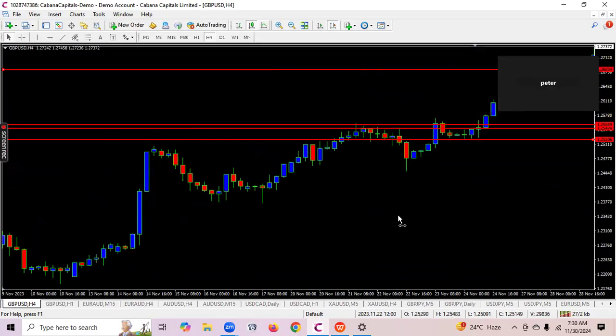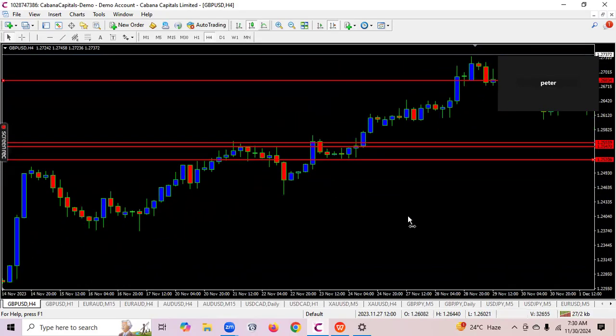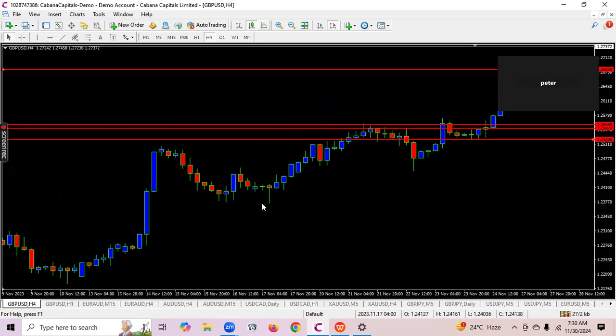Okay, this is another good example of a hammer. You can see this. This is a bearish hammer. So you wait for the next candle to close bullish before you buy. You can see that. Wait for the next candle to close bullish.